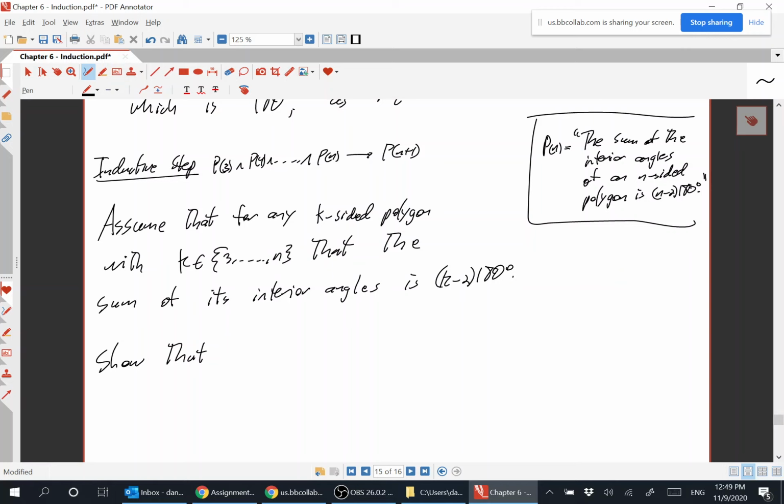So it changes to n plus 1 minus 2 times 180? Yeah, but the whole thing is this whole statement. It's a statement of predicate logic. So it's this right here. So what do I write?